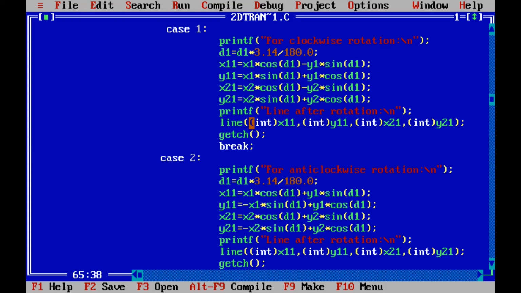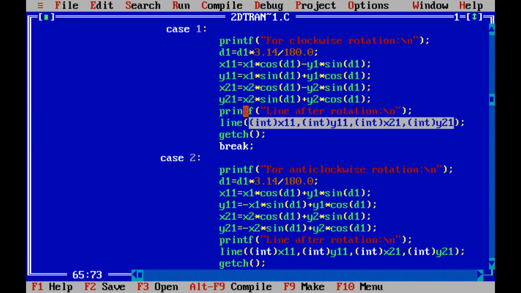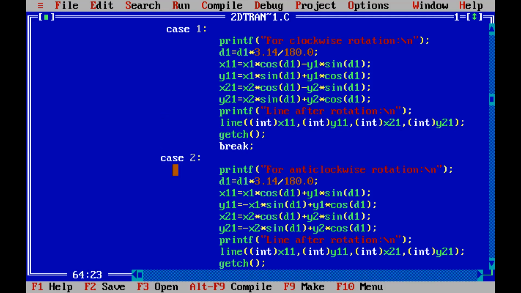Because x11 is defined as float, but the line function accepts only integer parameters. That is the syntax of the line function supported by graphics.h, and that's why the type conversion is required. So x11 will be converted into integer, because earlier it was a float number. That is how you display the line after rotation in clockwise direction.